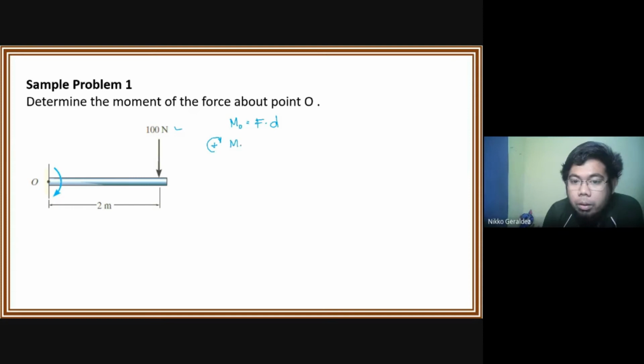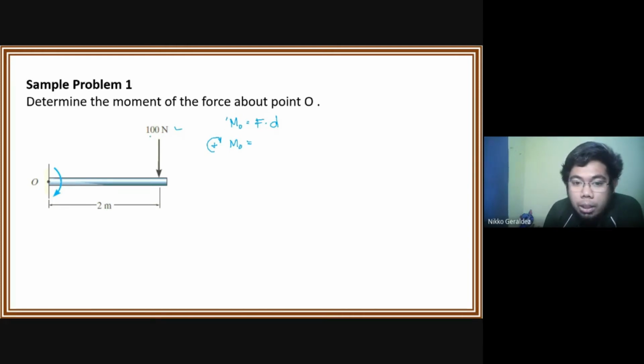So, M sub O, or meron kang moment at point O, clockwise, positive. Dito, binabanggit natin yung sign convention natin, that all moments in clockwise direction are positive moment. So, moment at point O is equal to force times perpendicular distance.